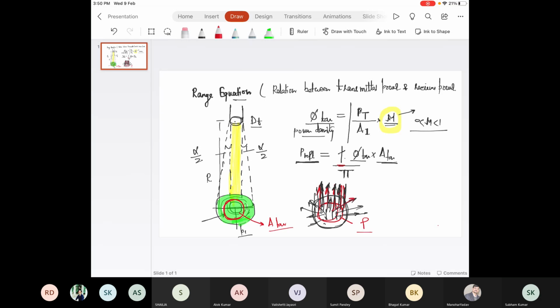So you need to divide by pi so that per unit solid angle, you get how much power is reflected back from a target. It is given by rho multiplied by phi target into A target divided by pi. Is there any doubt?